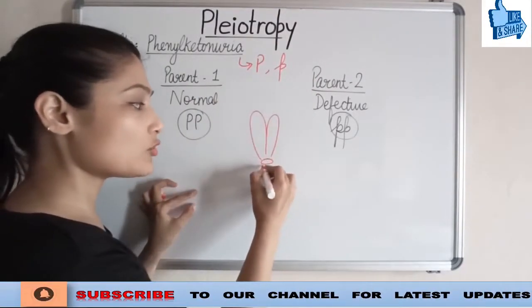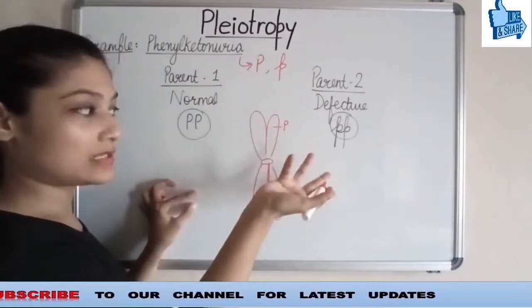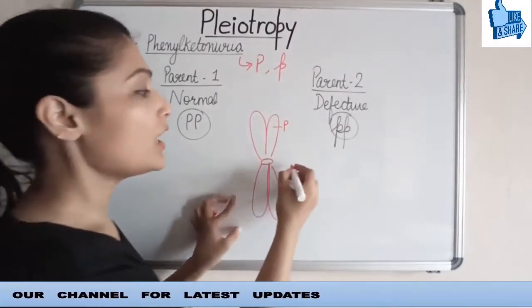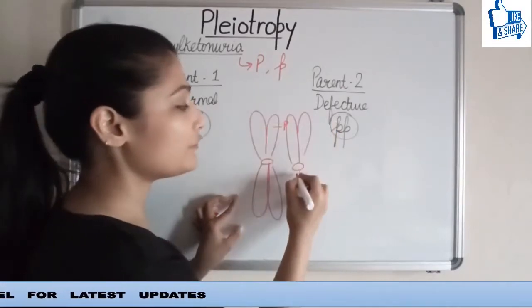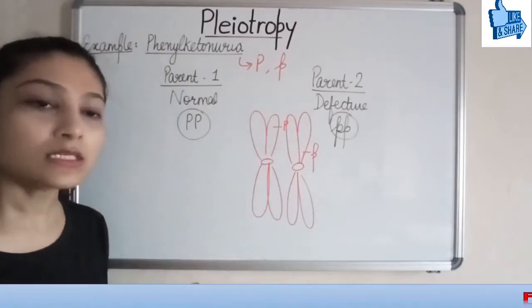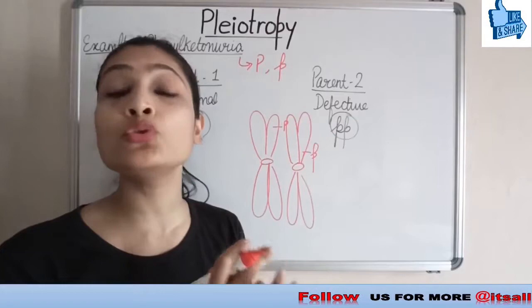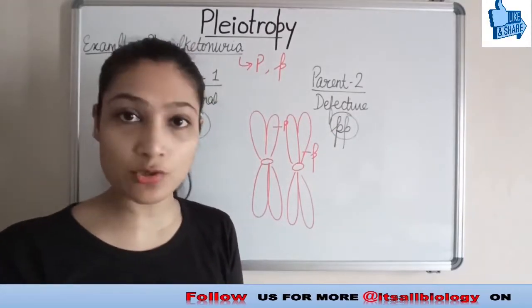Suppose this is a chromosome and here it is present. Say the dominant or the normal, and for an affected individual it could be present like this. Clear? So next let's move on to understand how this phenylketonuria is an example of pleiotropy.